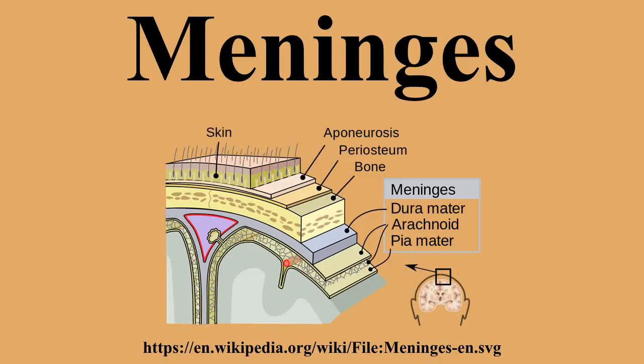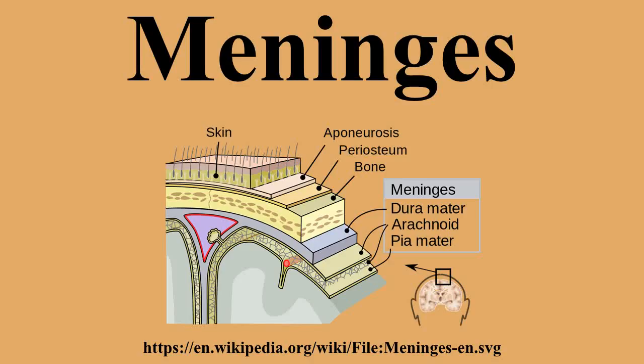The falx cerebri attaches to it, giving a tent-like appearance. Falx cerebelli, a vertical infolding, lies inferior to the tentorium cerebelli, separating the cerebellar hemispheres. Diaphragma sellae, the smallest infolding, covers the pituitary gland and sella turcica.